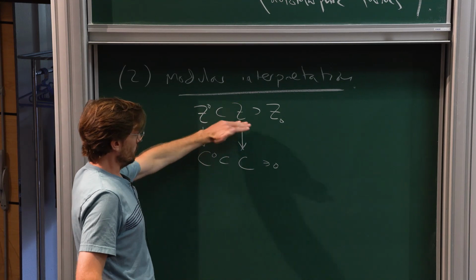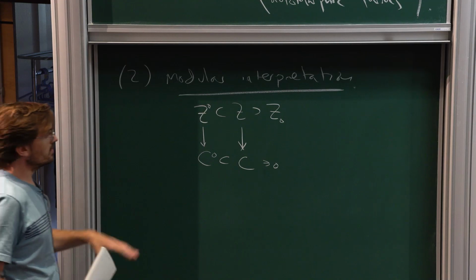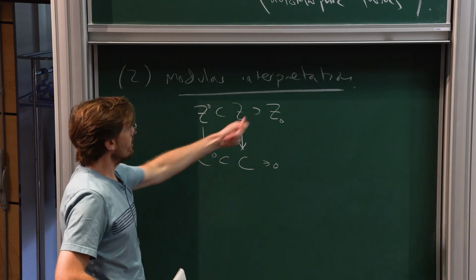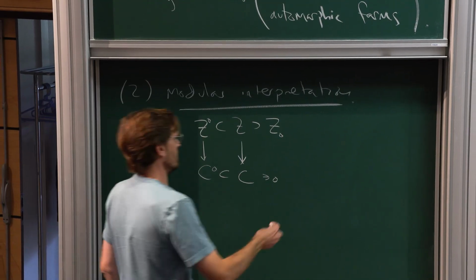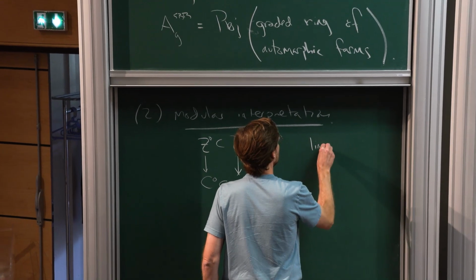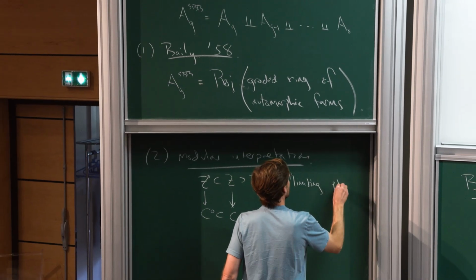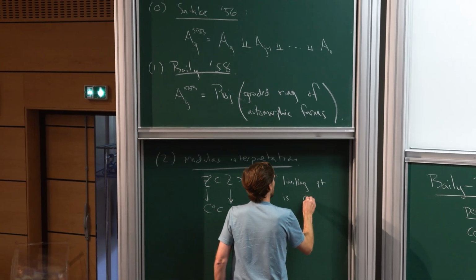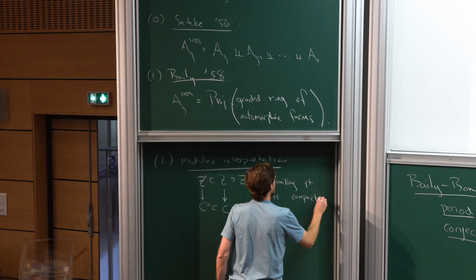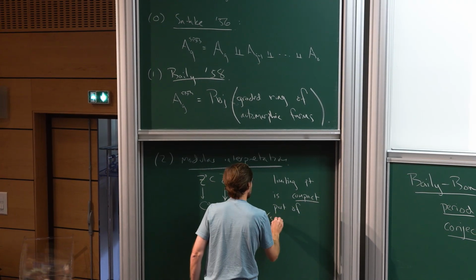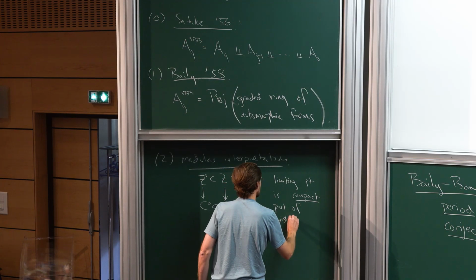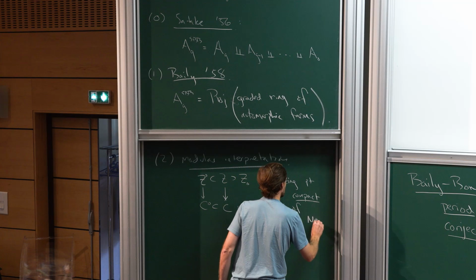We can consider the Néron model of this degeneration. And the limiting point with respect to this compactification is the compact part of the Néron model, at least in the semi-stable case.